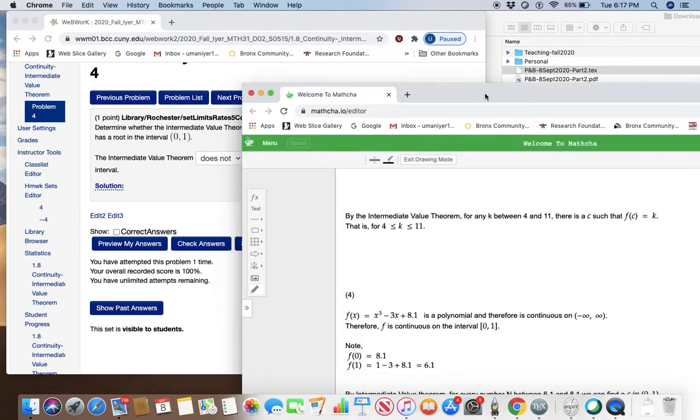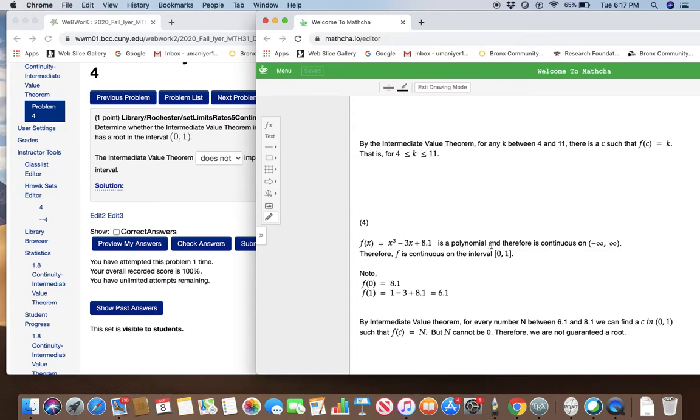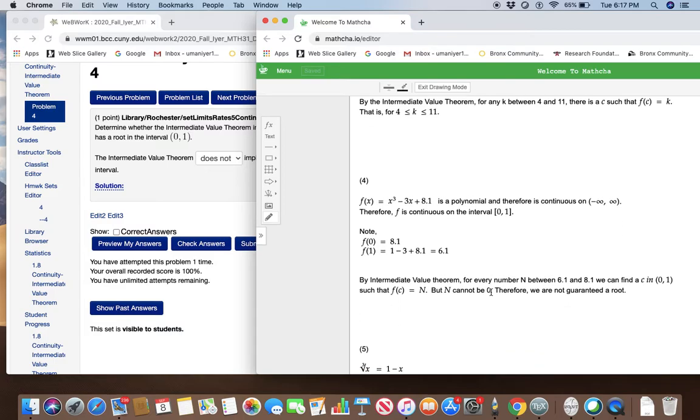It is a polynomial, therefore continuous on the entire number line. In particular, it is continuous on the closed interval 0 to 1. When x is 0, I get 8.1. When x is 1, I get 1 minus 3 plus 8.1, that is 6.1.